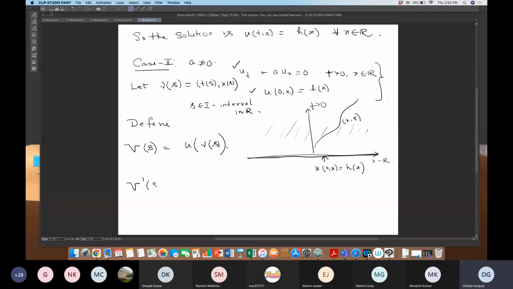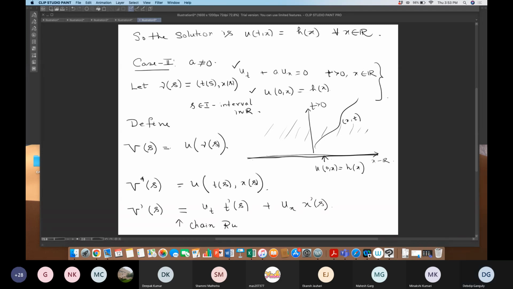Now I take the differentiation, v prime of s, where u of gamma(s) is u(t(s), x(s)). Now what is v prime of s? By the chain rule, v prime of s is u_t times t prime of s plus u_x times x prime of s. Clear? Very good.